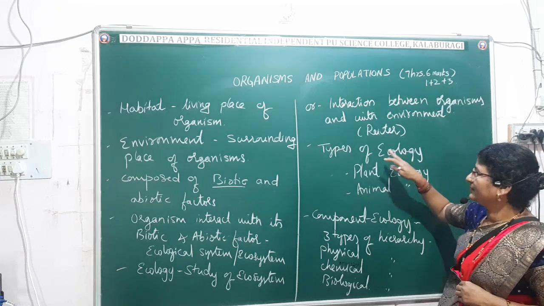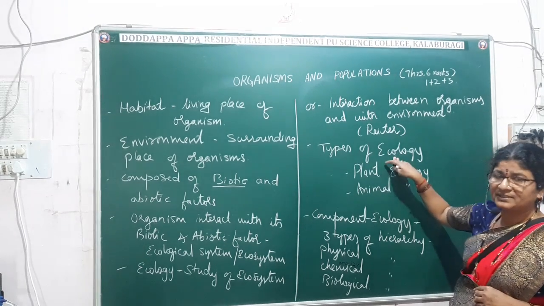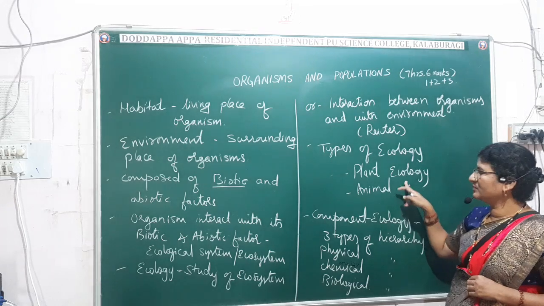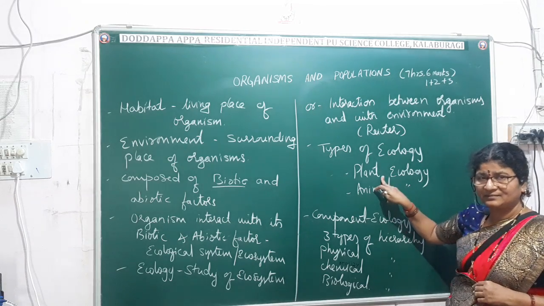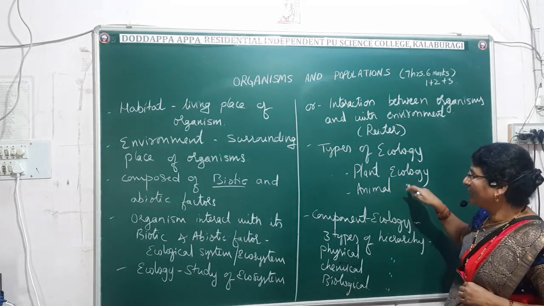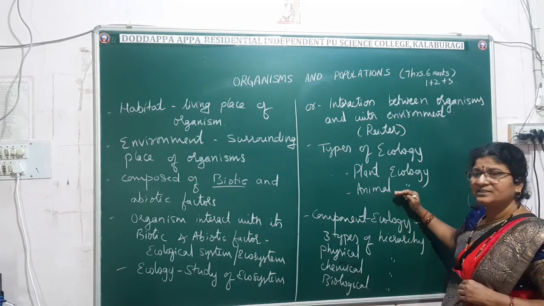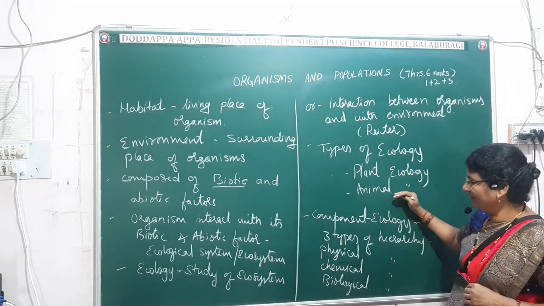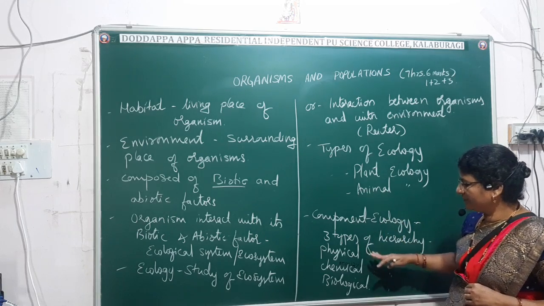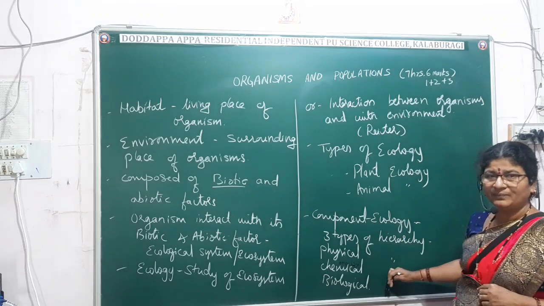Ecology has two types, plant ecology and animal ecology. In plant ecology you deal with plants, and in animal ecology you deal with animals. In ecology you will see different hierarchies, of three types: physical, chemical and biological.